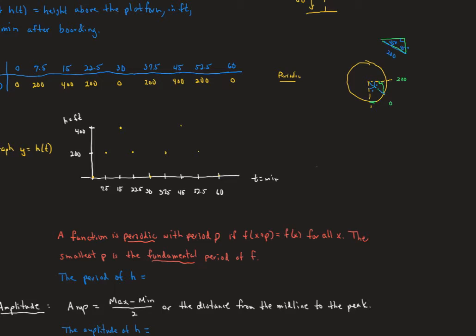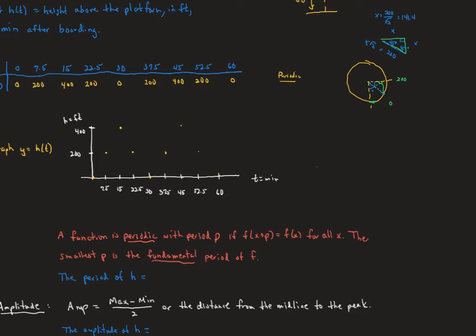We know that in a 45, 45, 90 triangle, the side lengths go x, x, and x square root of 2. So since x square root of 2 is equal to 200, x is 200 divided by the square root of 2. And if you do that division, you will get 141.4 approximately, rounded.